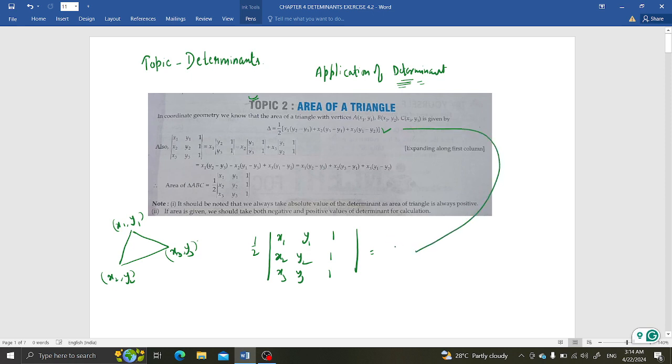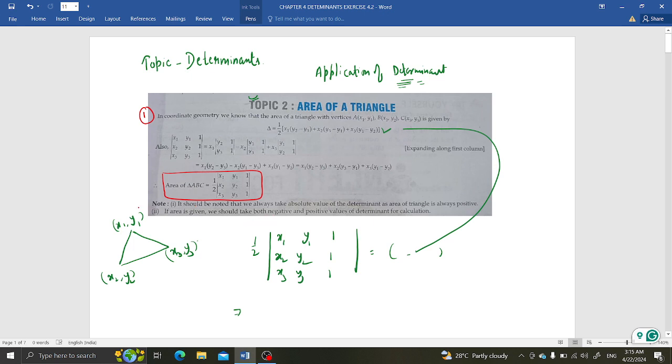Hence the area of triangle ABC is 1 by 2 determinant x1 y1 1, x2 y2 1, x3 y3 1. So the first application is that we can find the area of a triangle in two dimensions in this way.